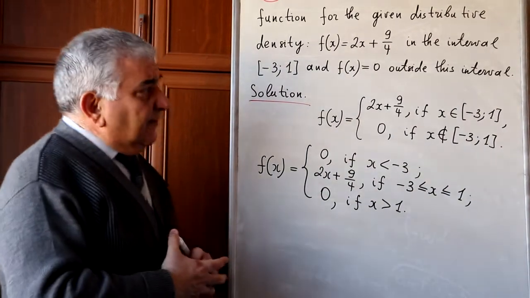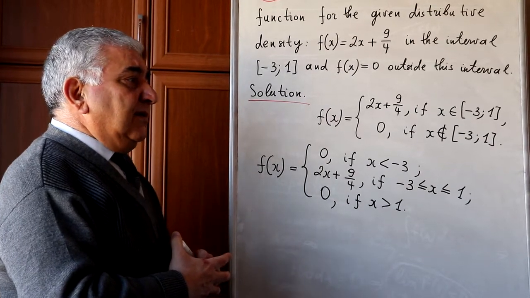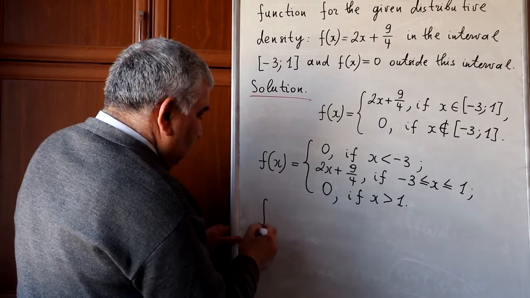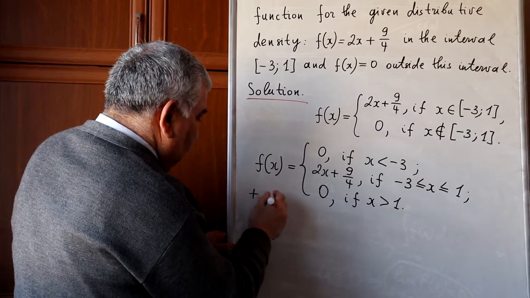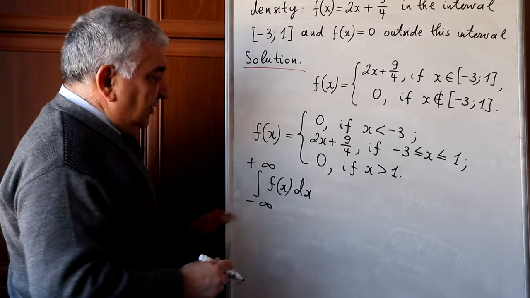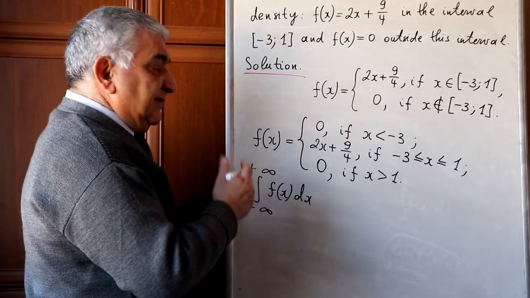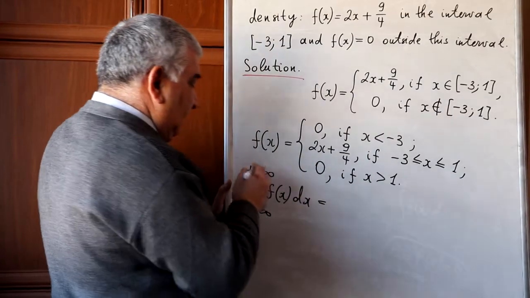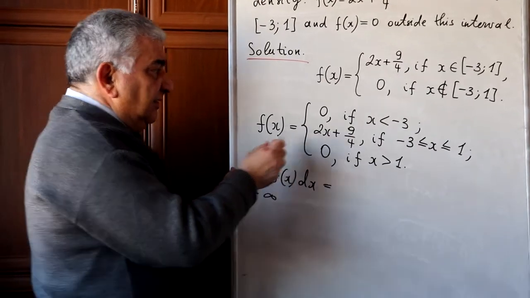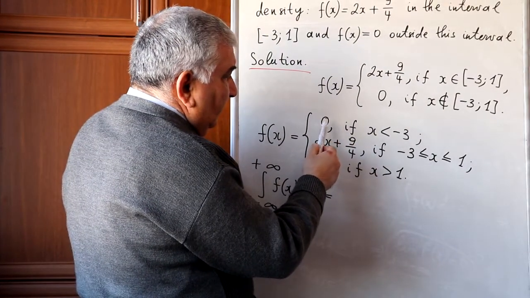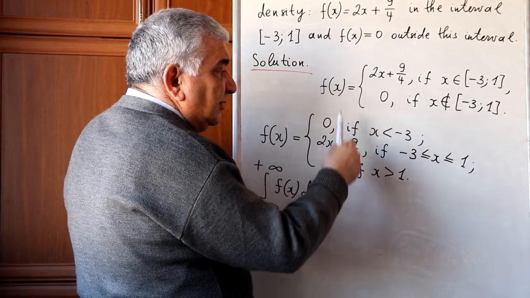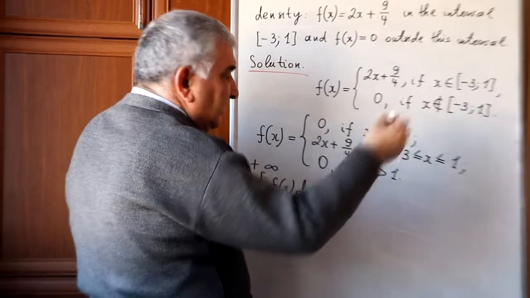First, verify the main probability equality for the given function f of x. Write the integral from minus infinity to plus infinity f little of x dx. This integral must be equal to unit, and prove this fact. Separate the whole infinite interval into three intervals. From minus infinity to minus 3, from minus 3 to 1, and from 1 to plus infinity.